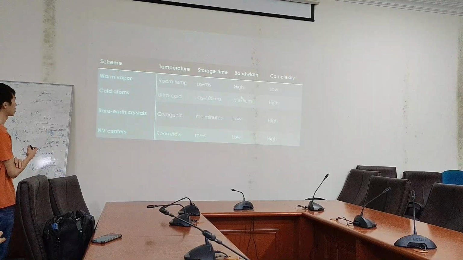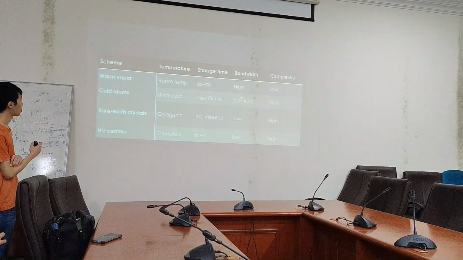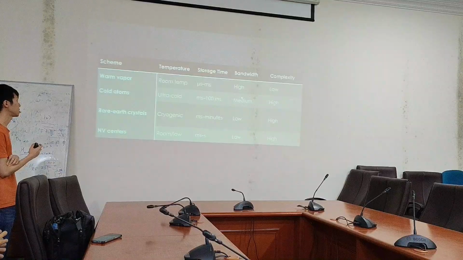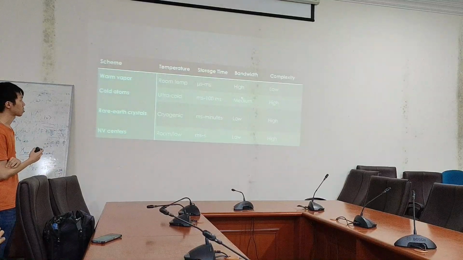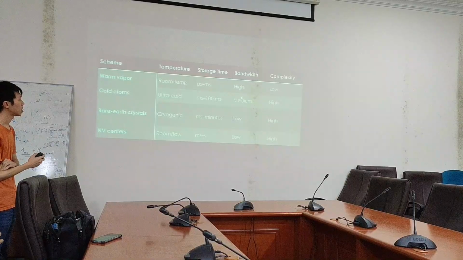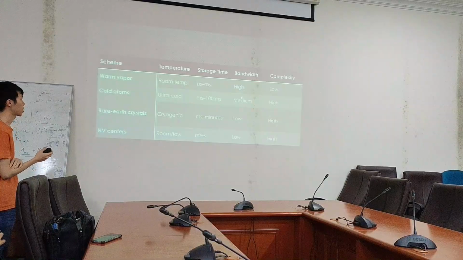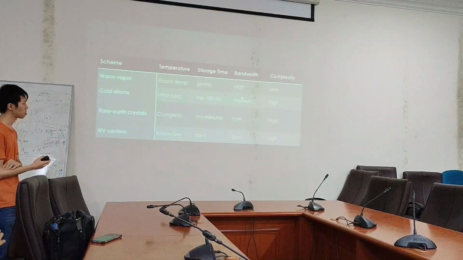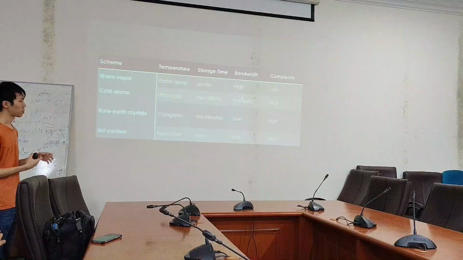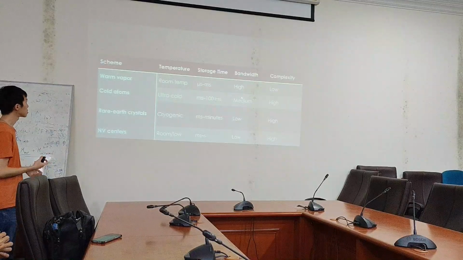And then these are the parameters. Warm vapor is suitable at room temperature, with storage time from microseconds to milliseconds, and it can have wider bandwidth and low complexity. Bandwidth means we can use different bandwidths of laser.